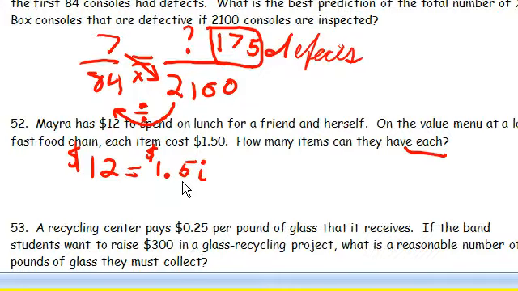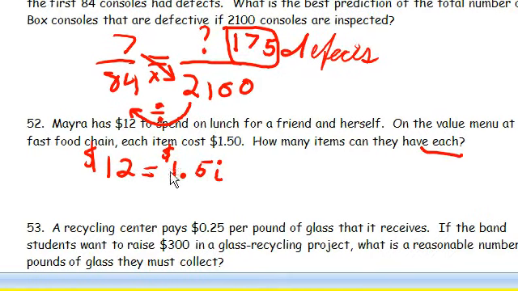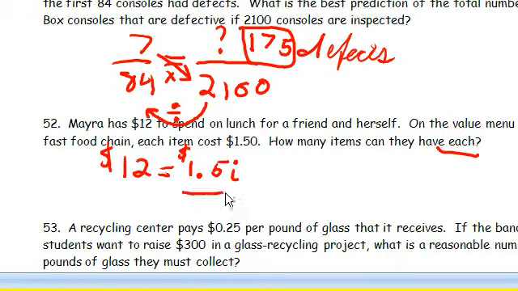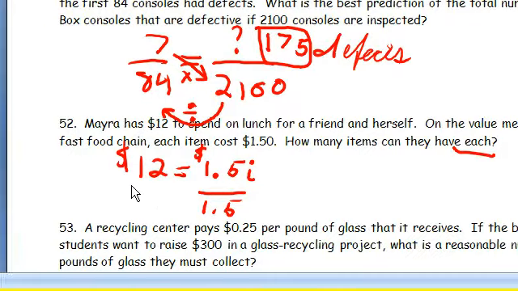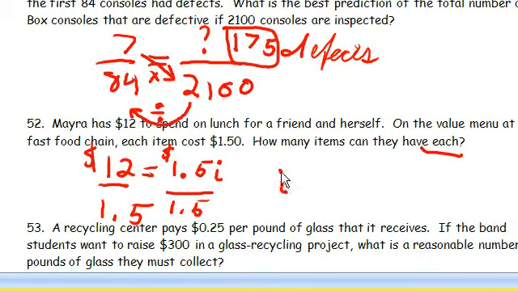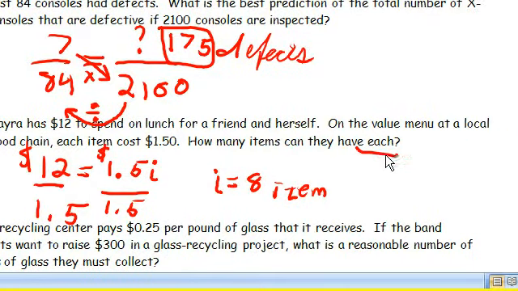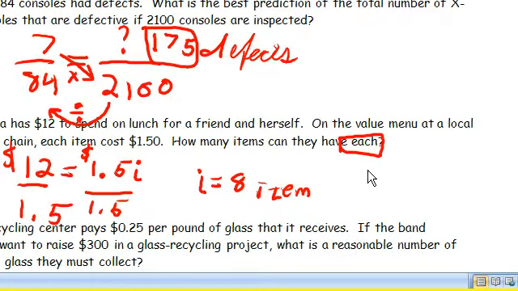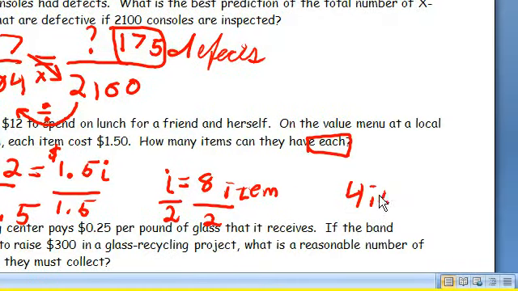Well, if we just divide each side by 1.5, that would give a total of I equals 8 items. But that means they could each have, if they split it evenly, 4 items.